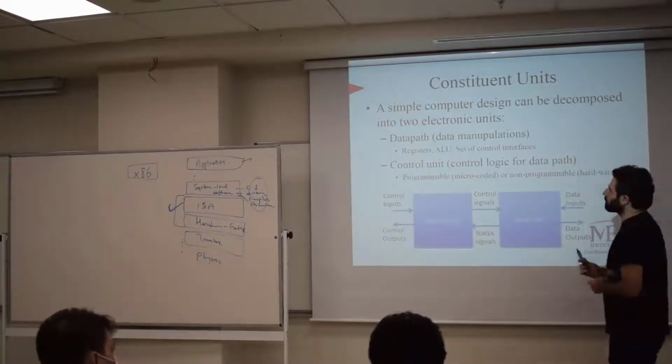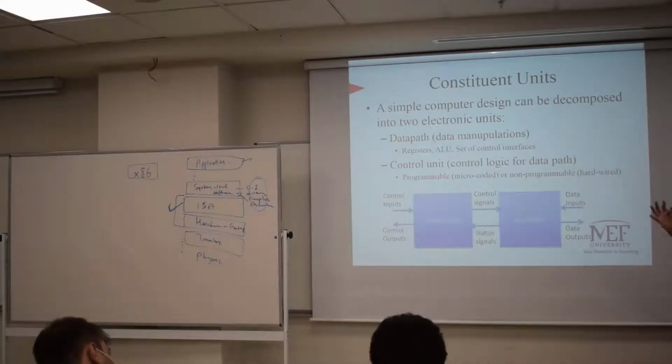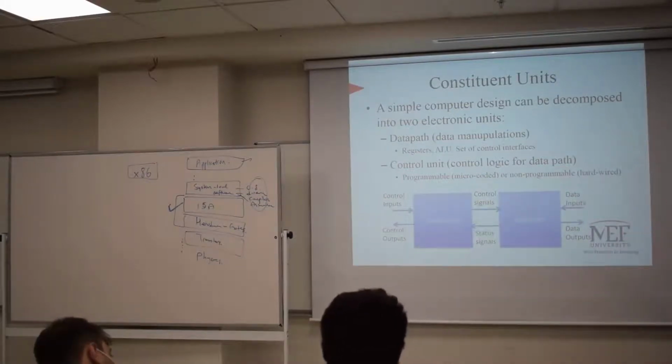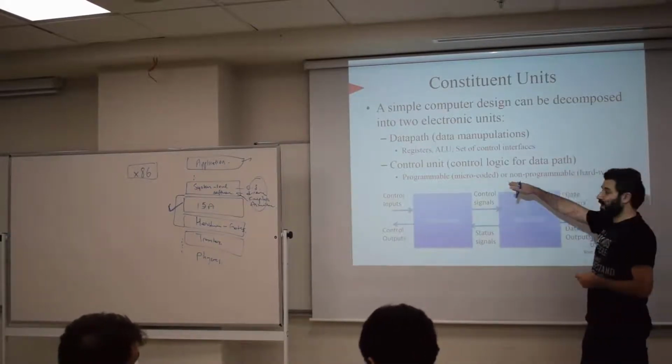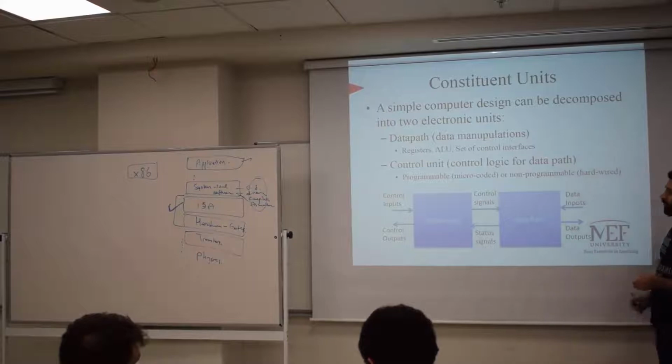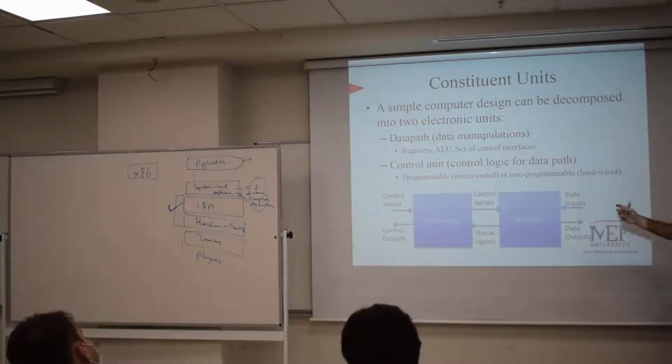The other one, the control unit, is used to control the datapath. That includes control logic for the datapath, and it can be implemented in two different ways. One of them is programmable, called microcoded control circuit, or non-programmable, which we call hardwired control.